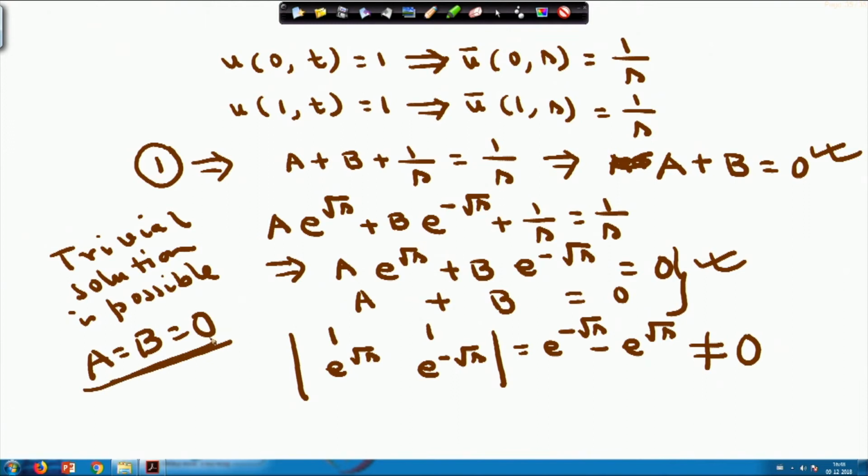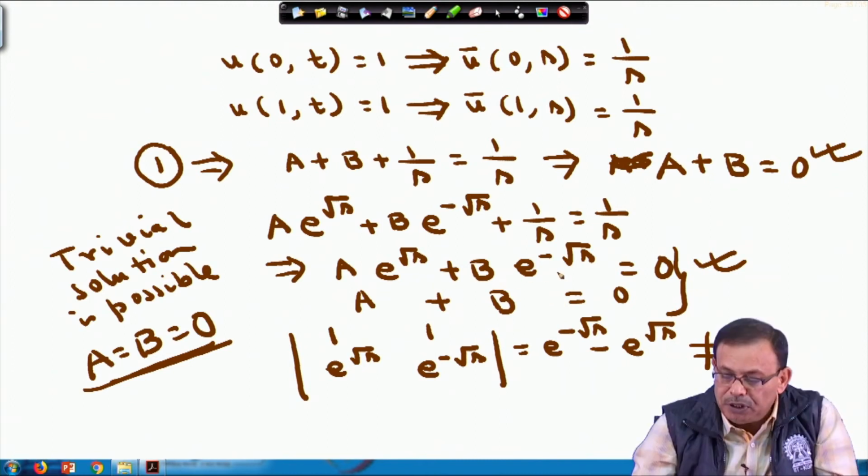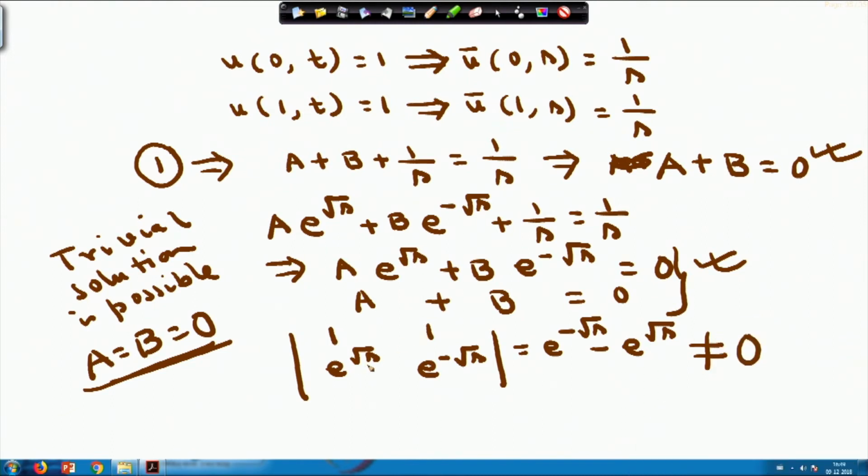So, please note that whenever I have to solve these two equations, you may try it in general. You will find that I am taking a plus b equals 0 as the first equation, and a e power root s plus b e power minus root s equals 0 as the second equation. The determinant is 1, 1, e power root s, e power minus root s, and I am finding that this is not equal to 0.